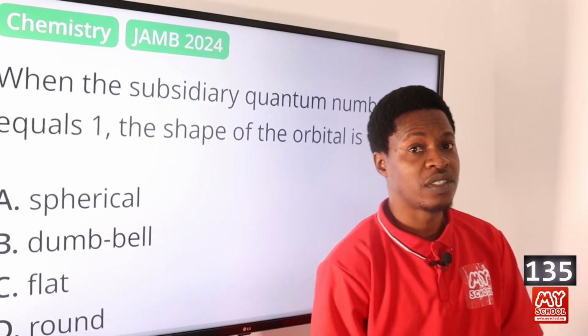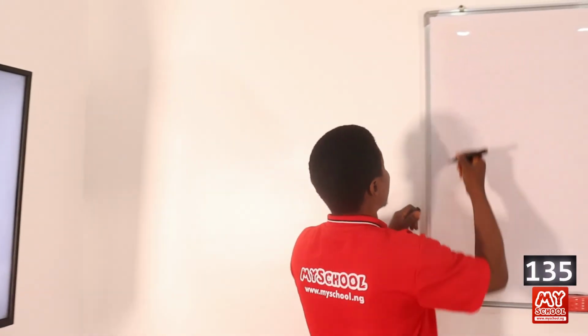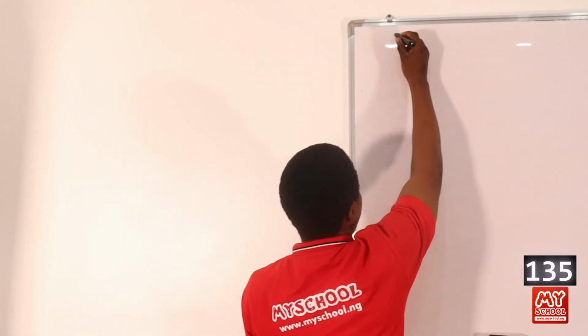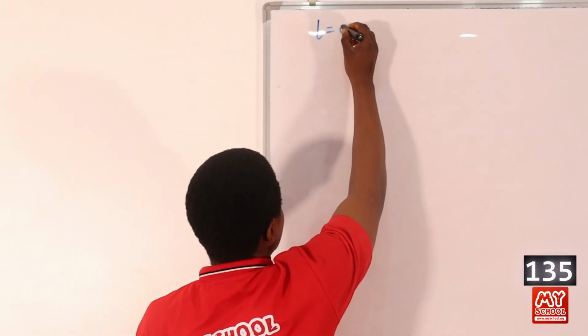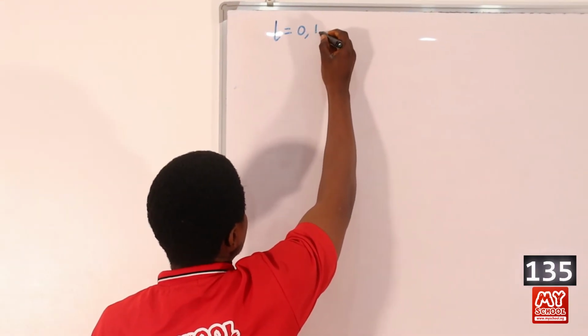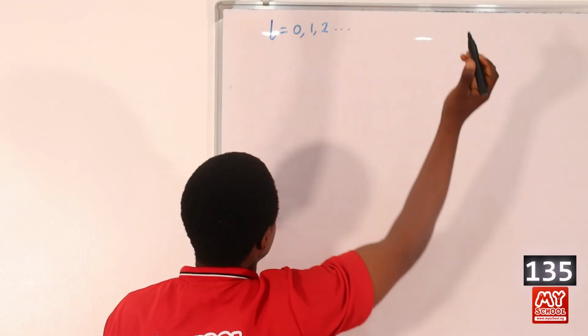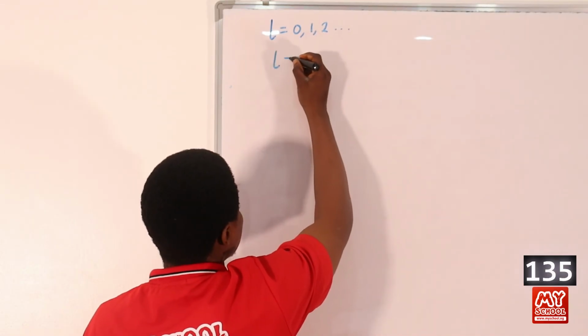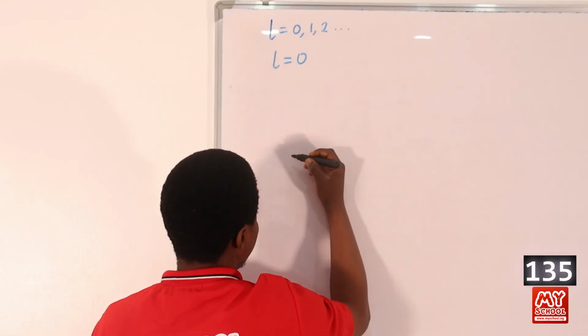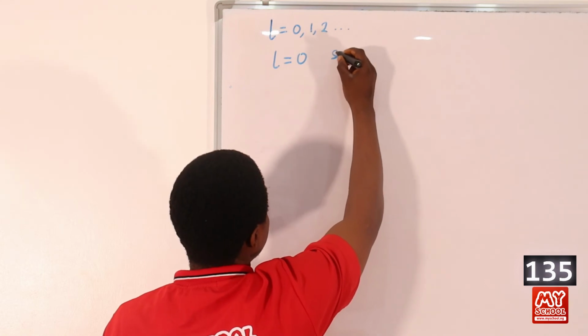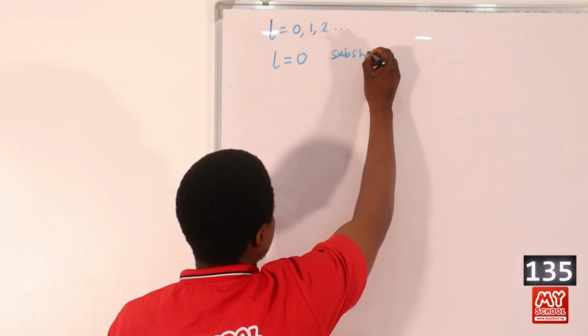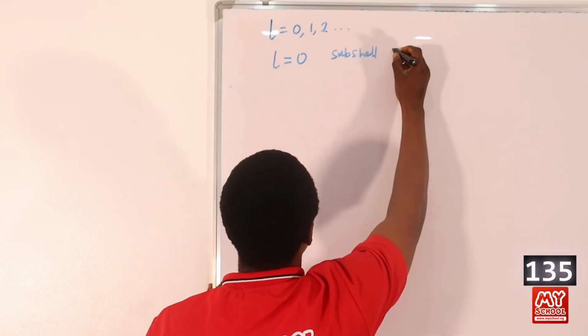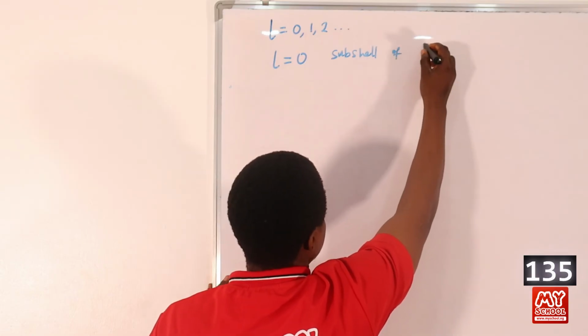So let's look at the board, okay? The azimuthal, or subsidiary, has a range of values: when L is 0, when L is 1, when it's 2, and so on. When L is equal to 0, it falls in the S orbital subshell.